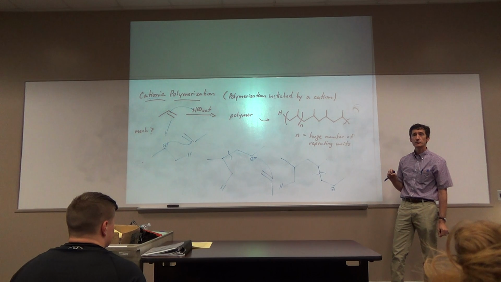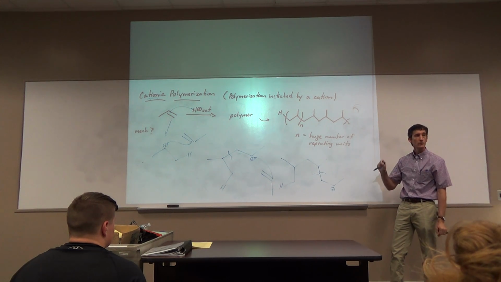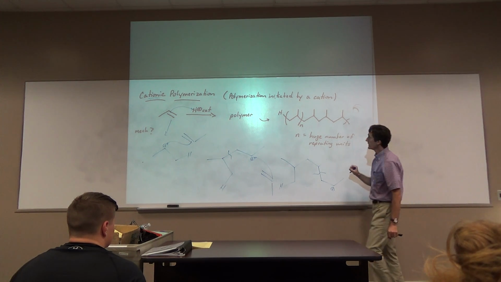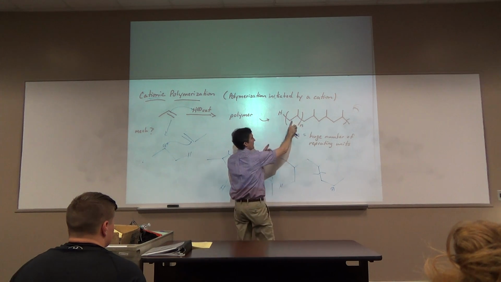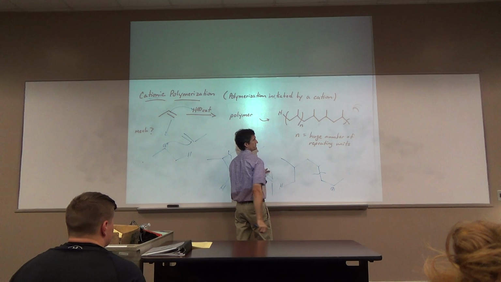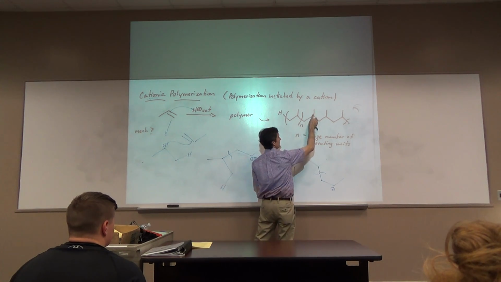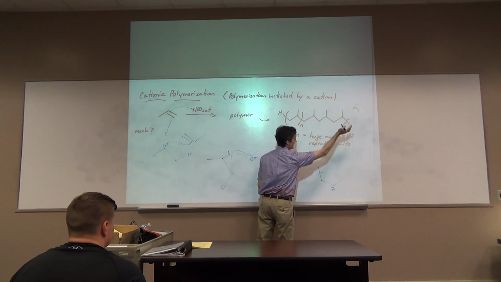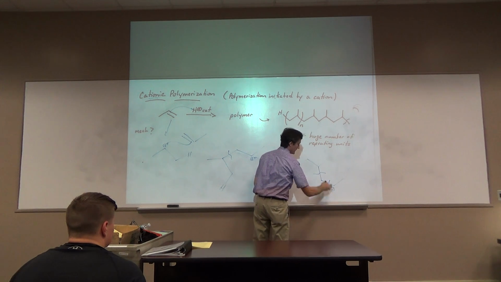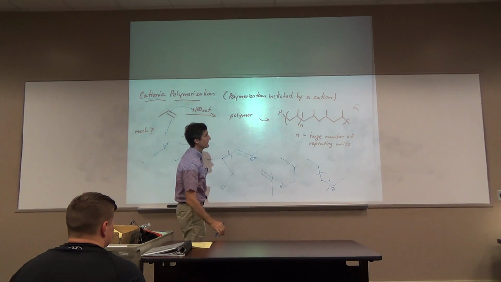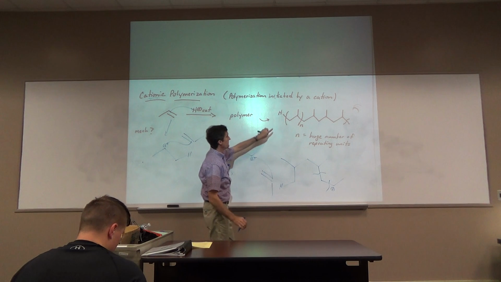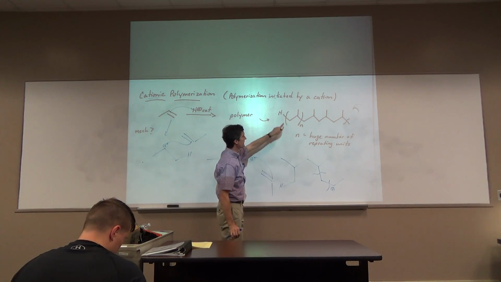The repeating unit is the what? CH2 carbon methyl. What do I have inside my brackets? CH2 carbon methyl. This is just a long thing, and I just cut it off at some point. But an H started it.